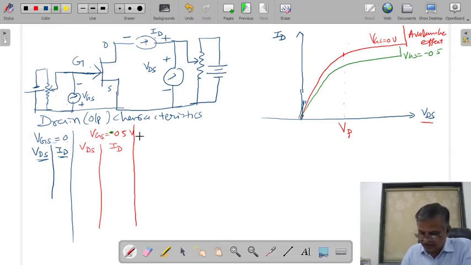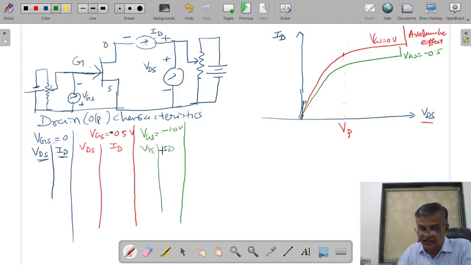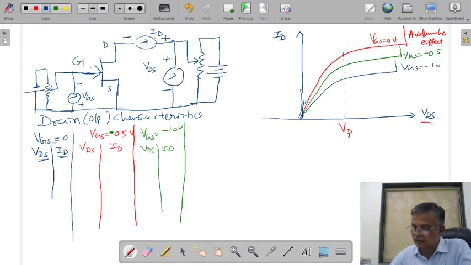Again I keep this at minus 1 volt, and again I vary VDS and ID. Same shape is obtained, but the graph is shifted down.